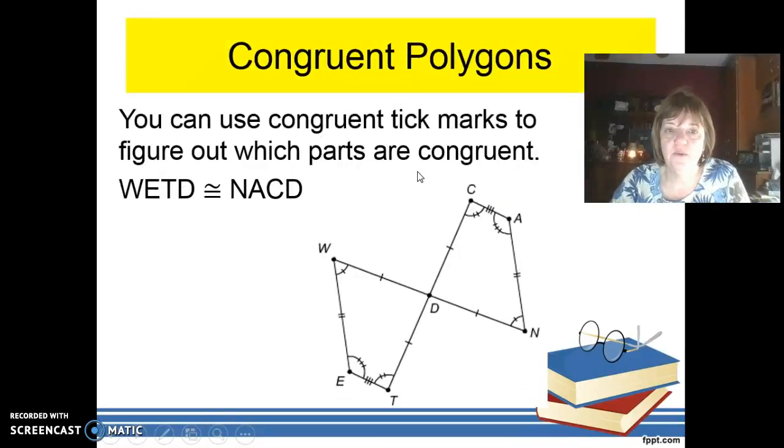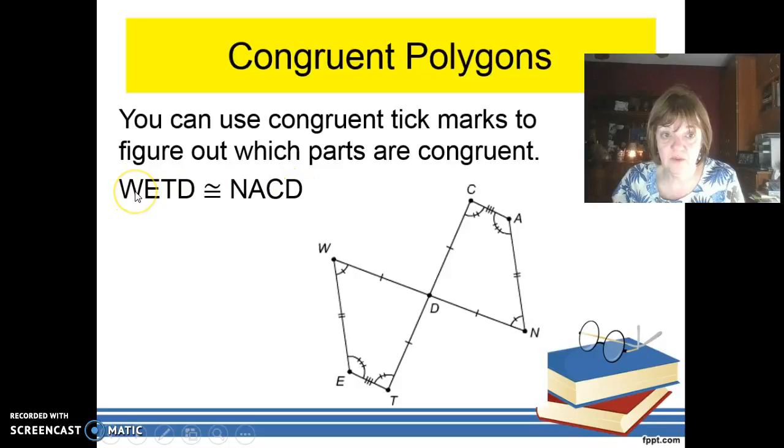Okay. So here's another little trick we can do. These are called tick marks. And sometimes they're spelled like that. Sometimes they're just spelled T-I-C. Okay. So I don't know which one's which, but you can use the tick marks to figure out which parts are congruent. So here we have, first of all, an example of saying the letters in a certain order.